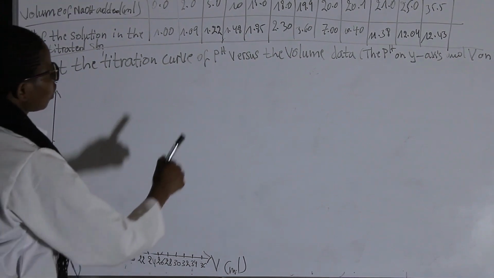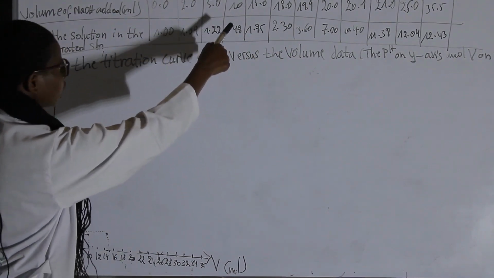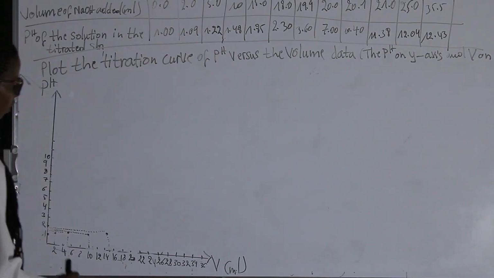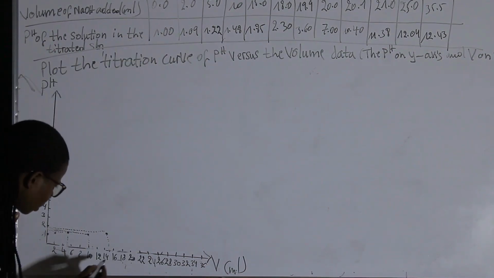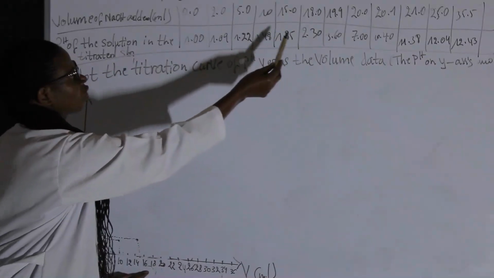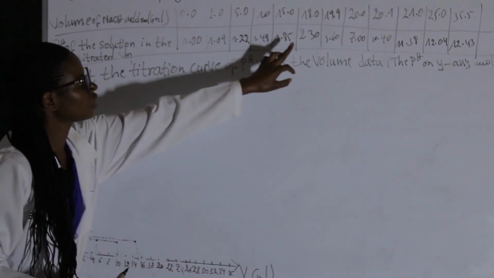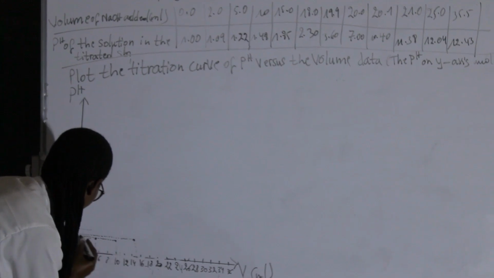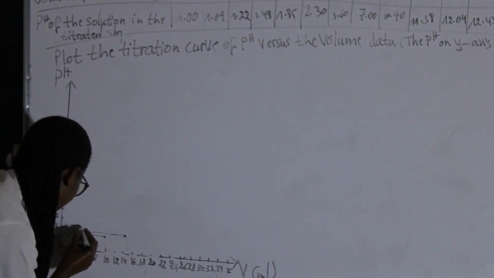Adding 18 milliliters, the pH becomes 2.30. 18 is here, then pH is here, 2.30 is somewhere here.